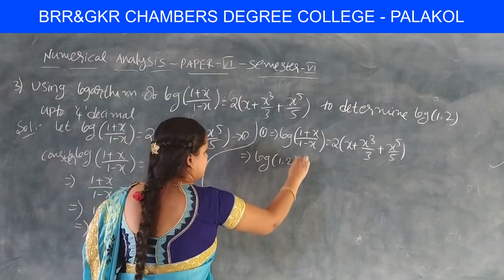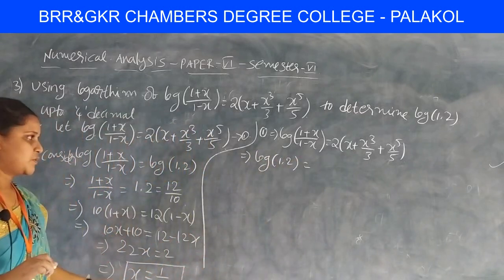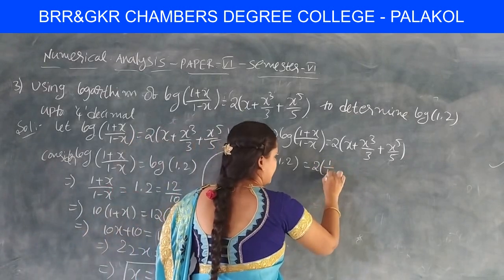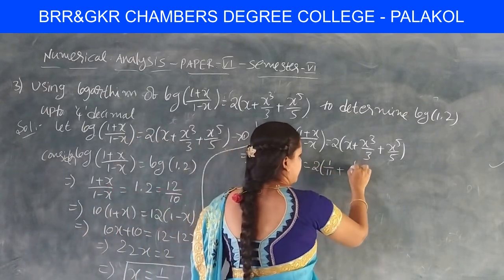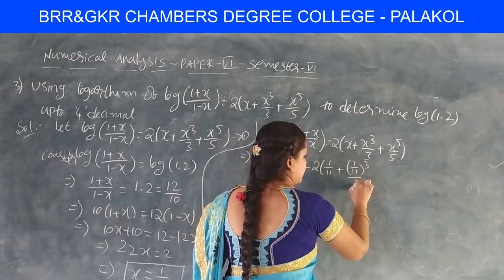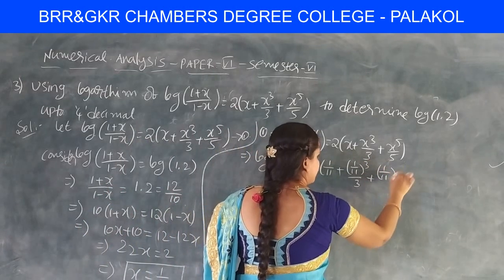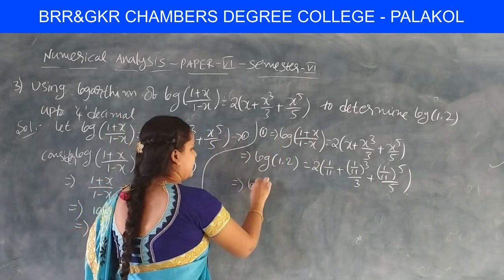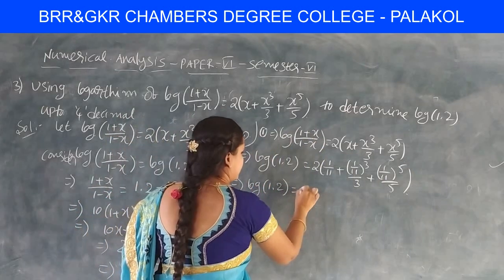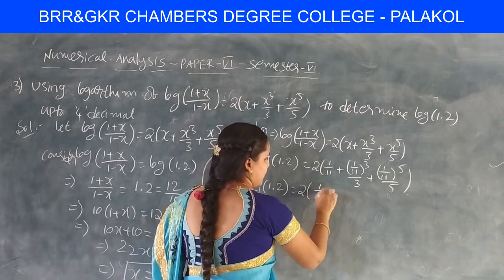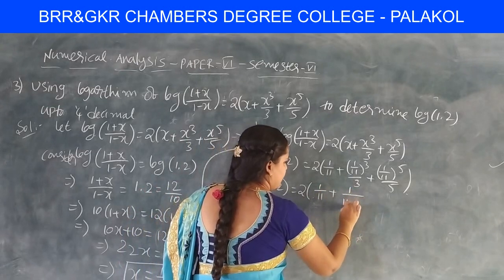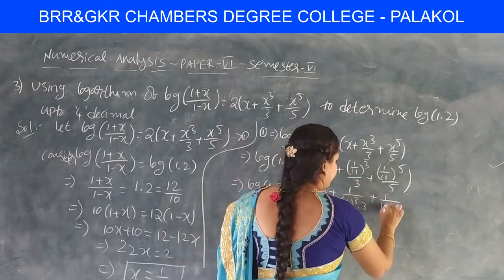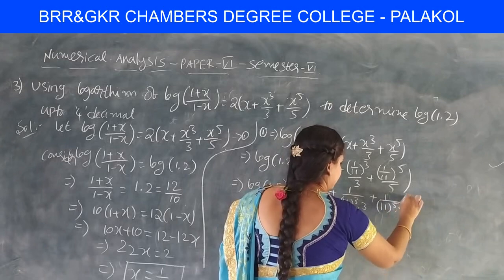Log 1.2 is equal to, substitute the value of x, 2 into 1 by 11 plus (1 by 11) whole cube by 3 plus (1 by 11) whole to the power of 5 by 5. And log 1.2 is equal to 2 into 1 by 11 plus (1 by 11) whole cube into 3 plus (1 by 11) whole to the power of 5 into 5.